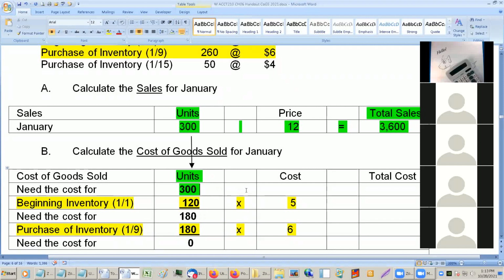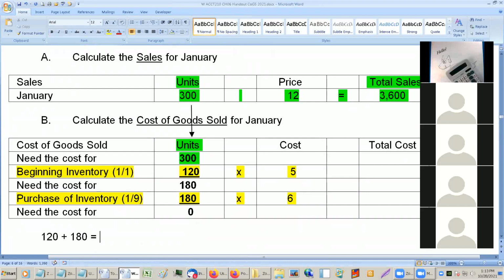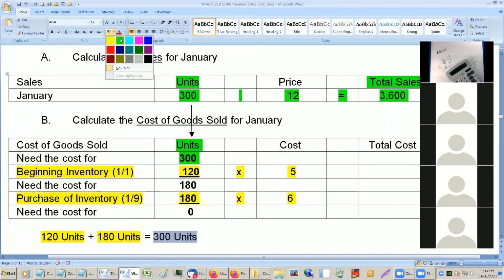You know, that's going to equal 300. So it's kind of like this: these layers have to equal that.